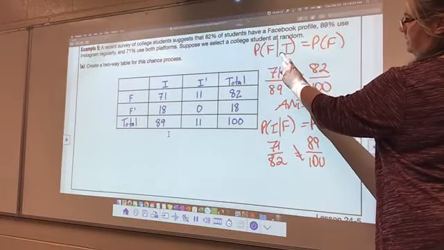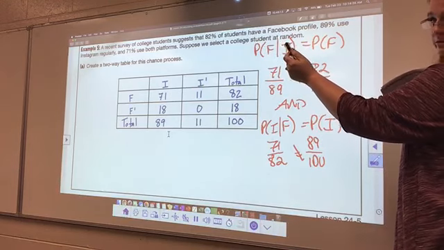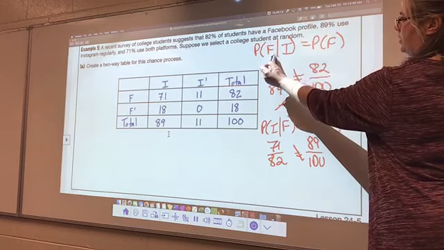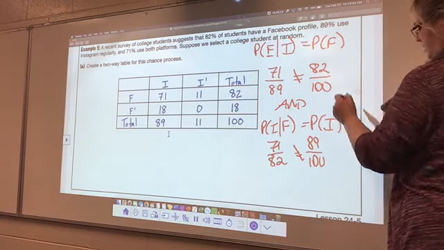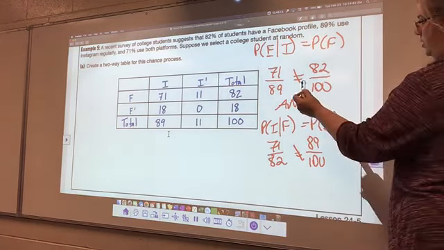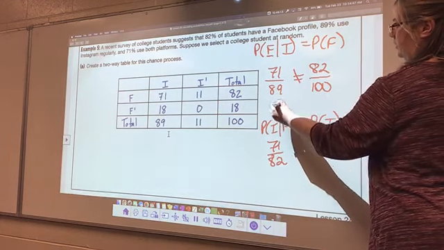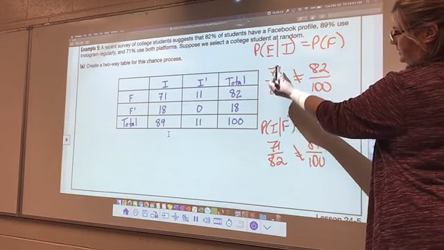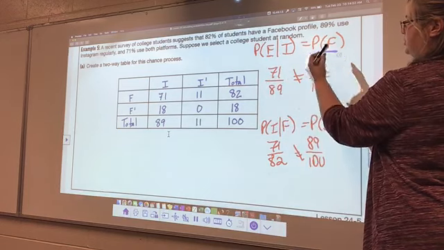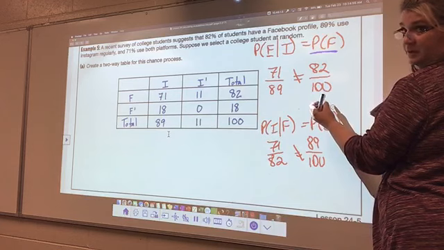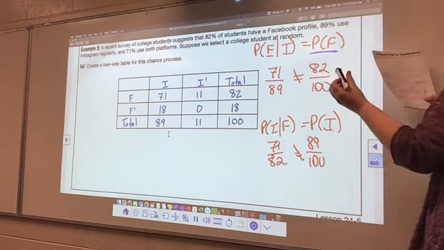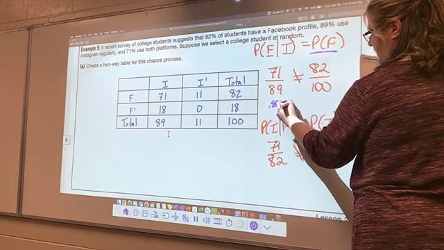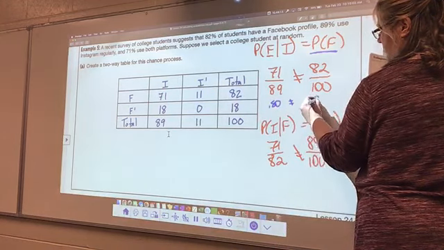The probability of Facebook given Instagram, we already calculated in G. But it has to equal the probability of Facebook only. So we're just going to say 0.80. That is not equal to 0.82.